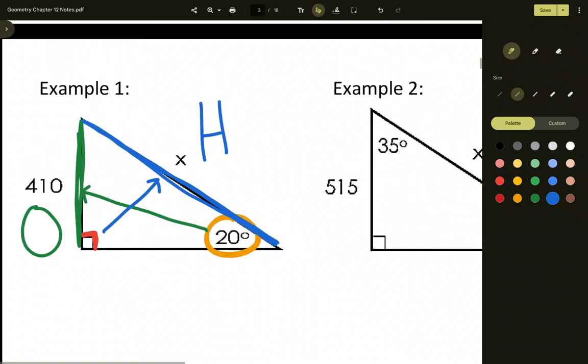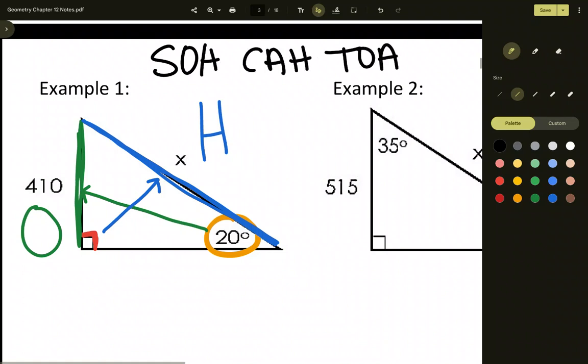So now thinking about SOHCAHTOA, I can see that I have an O and an H, and with SOHCAHTOA, the O and H are only located in this first abbreviation part, which means I'm going to use the S for the sine function. So this is going to be a sine function.